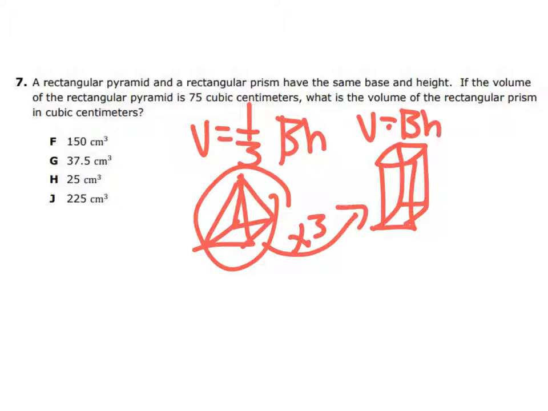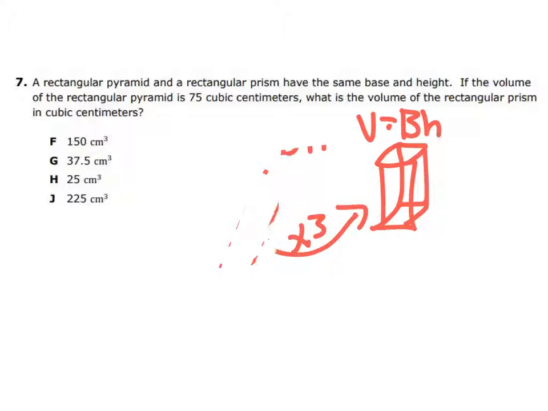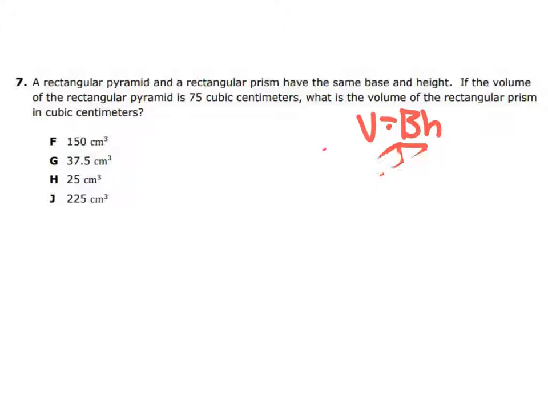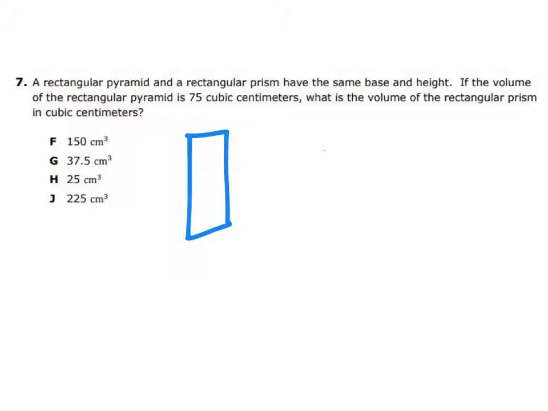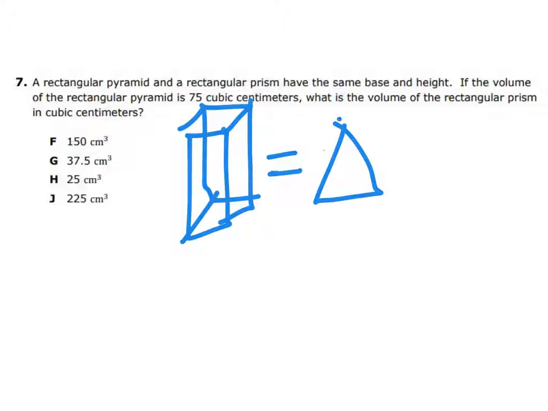So if we look at that pictorially another way, let me erase this. Basically what I'm saying is that when we look at a prism and compare it to a pyramid that has the exact same base, that means they're identical bases in size and shape, I can say that one prism is equal to 3 pyramids.